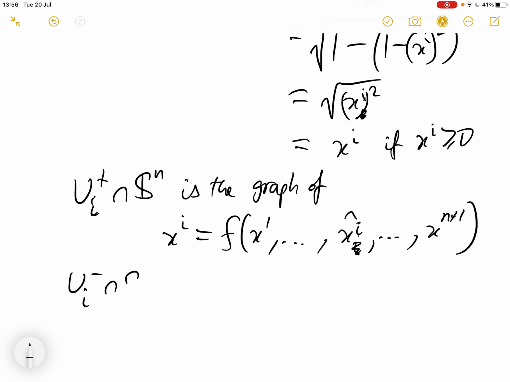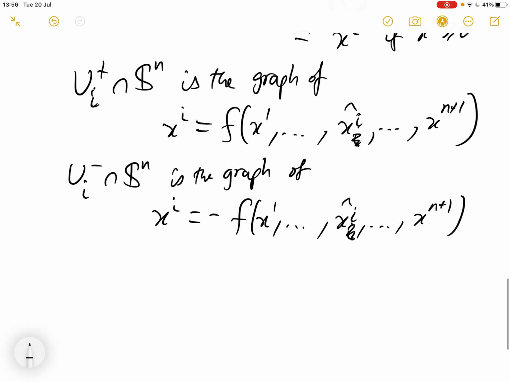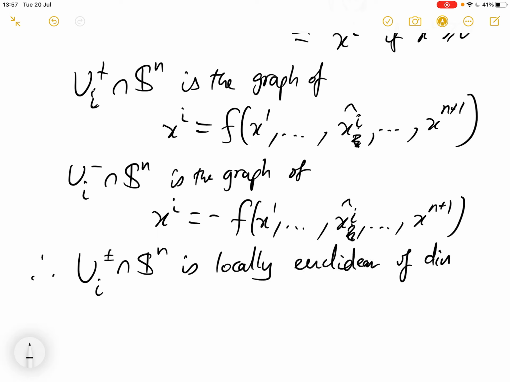Likewise, Ui- intersect S^n is the graph of xi equal to minus f of x1 up to x(n+1), again with xi omitted. So each subset Ui+/- intersect S^n is the graph of a function, and therefore, by the previous example, is locally Euclidean of dimension n.